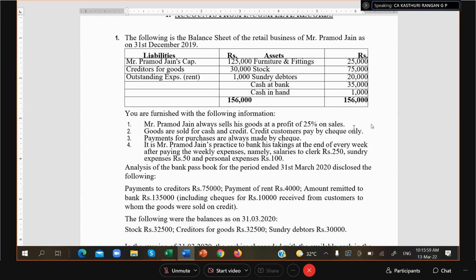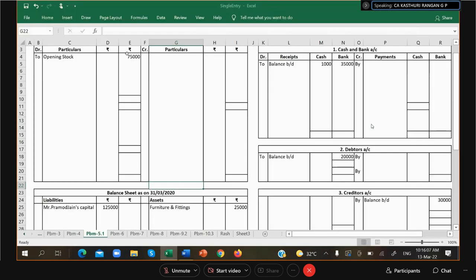Let's go forward. Goods are sold for cash and credit. Credit customers pay by check only. So from this, what do you understand? Sales can be cash as well as credit. So you have to find the total, then deduct sales return.